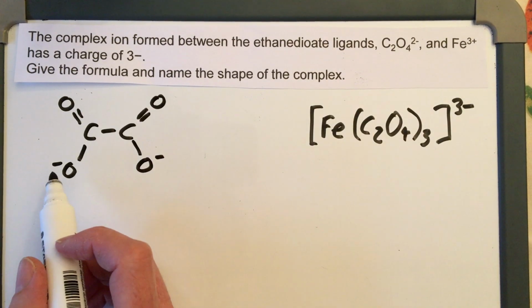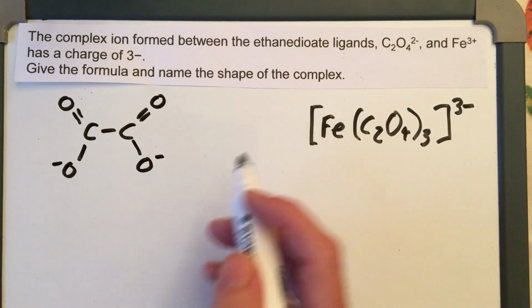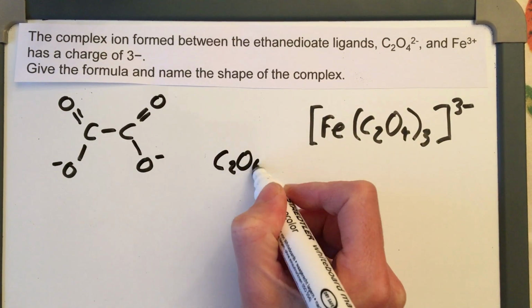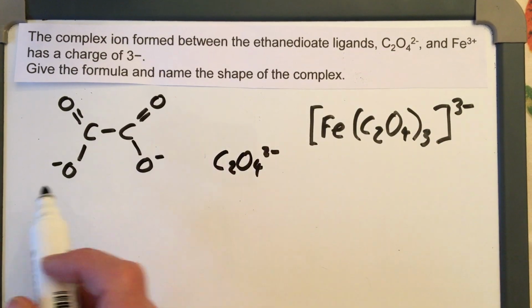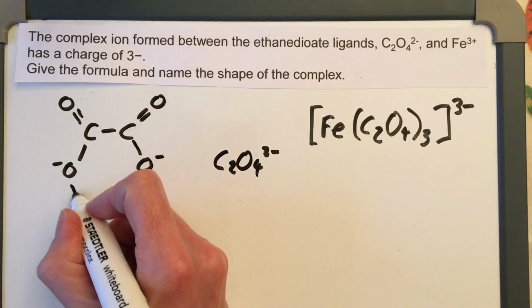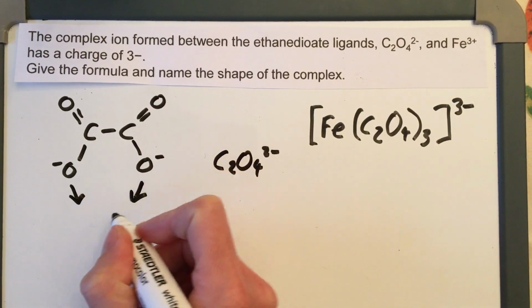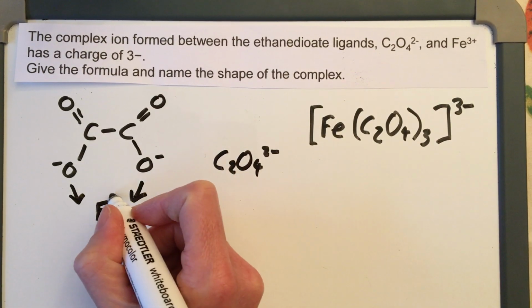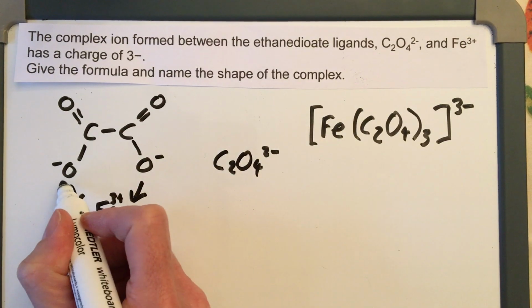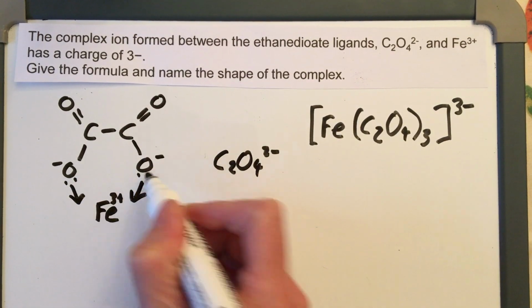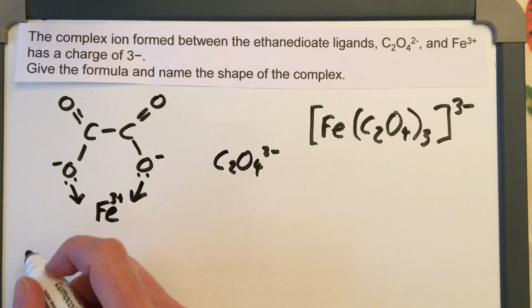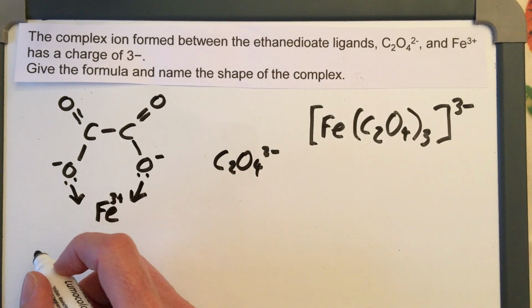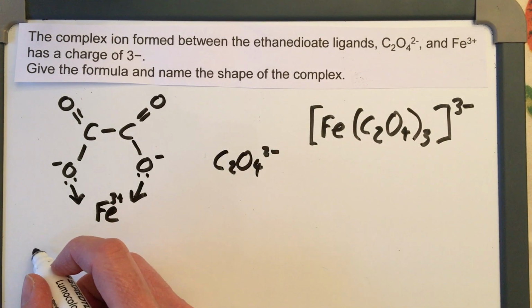In the ion you've got 2 O-, so overall it's C2O4 2-, and both those O- can form dative covalent bonds to the iron using a lone pair of electrons on the O- ions. So each ethanedioate ion forms 2 bonds to the iron 3+.